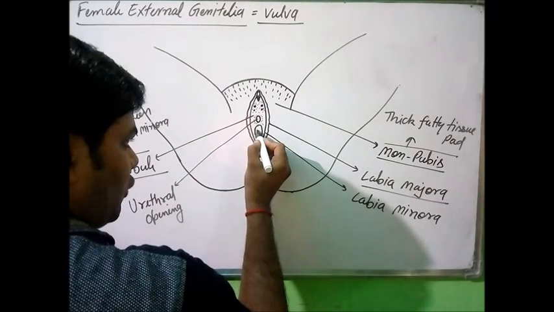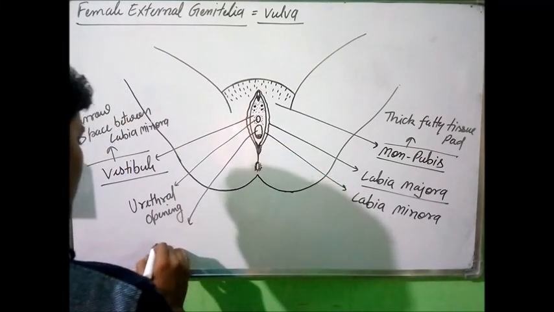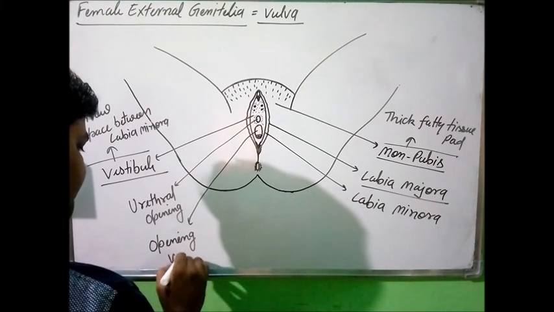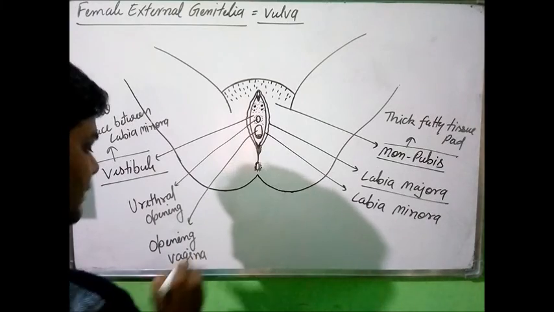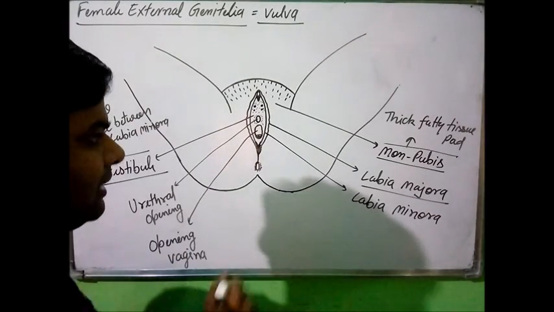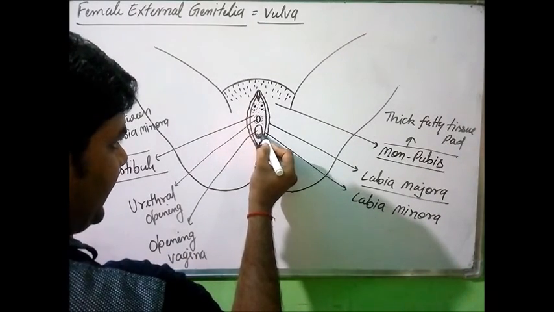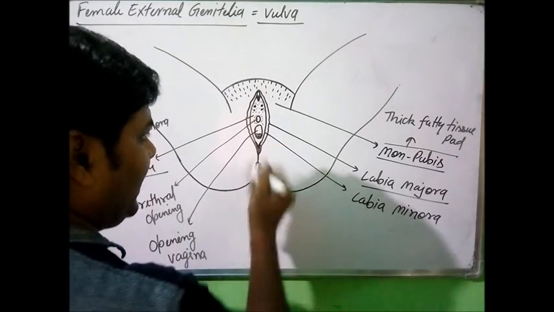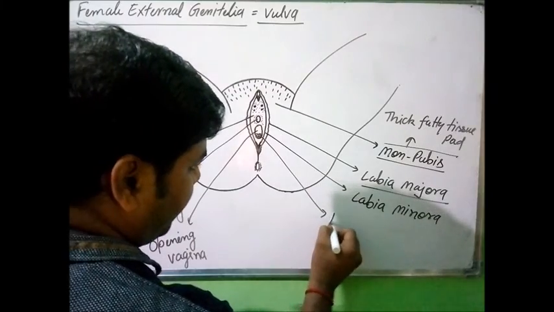Now there is another opening, the opening of the vaginal tube. So this is the opening of vagina, and in case of a young girl, this is partially covered by a thin layer, and this layer is called hymen.